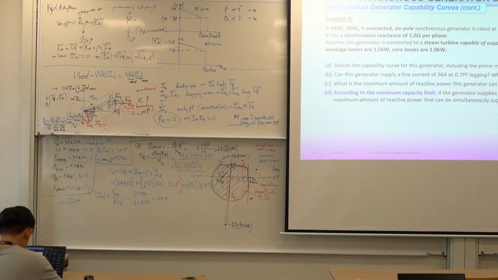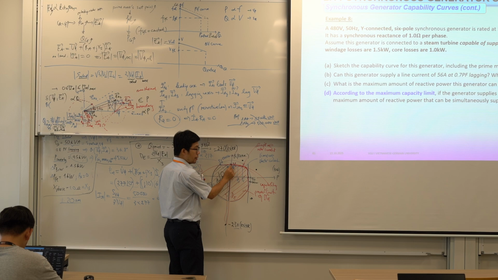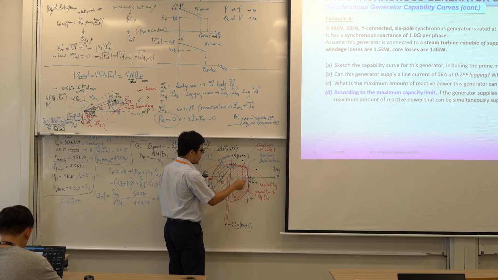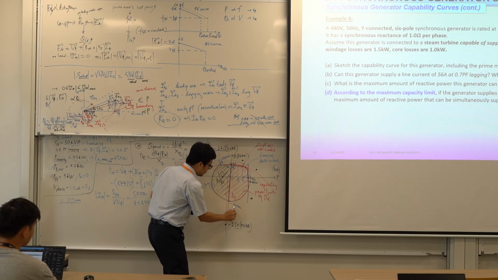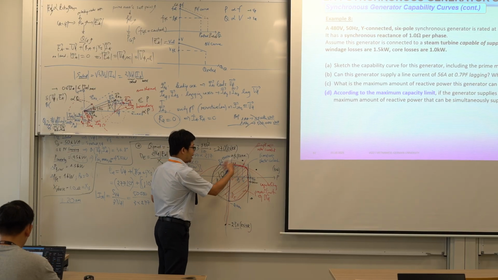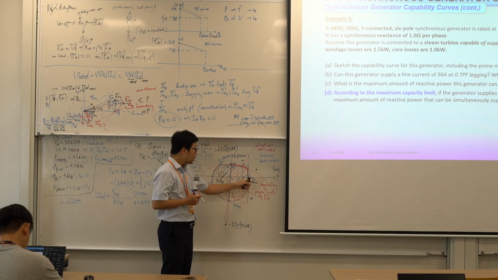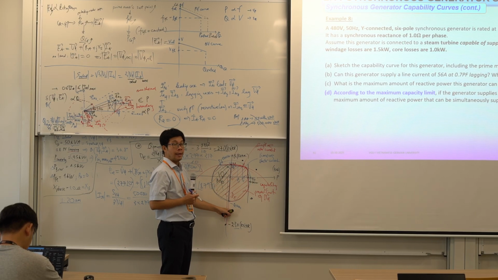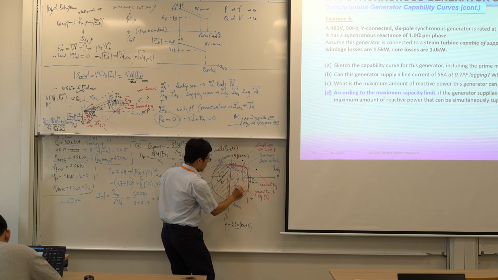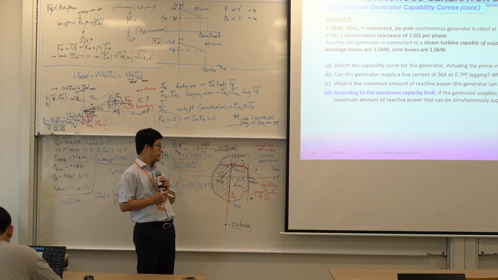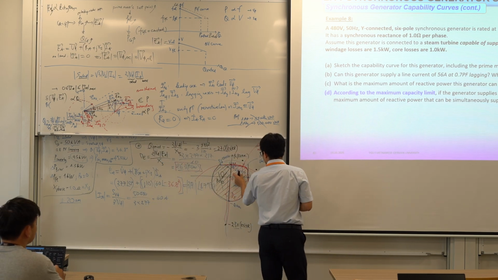This is Qmax, this is Pmax, this is minus Qmax. But we don't care about this one because for lagging, P is positive and Q is positive. For leading, P is positive and Q is negative. So this one is for lagging, this one for leading. We just focus on the first quadrant, because of the lagging case.